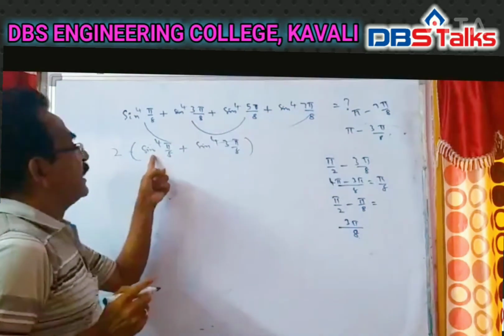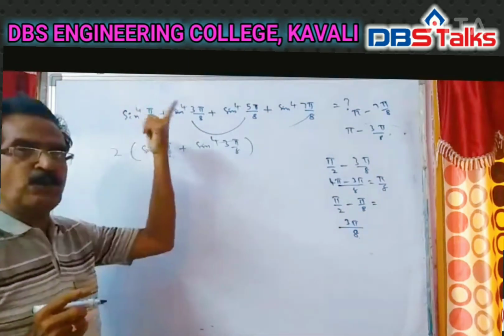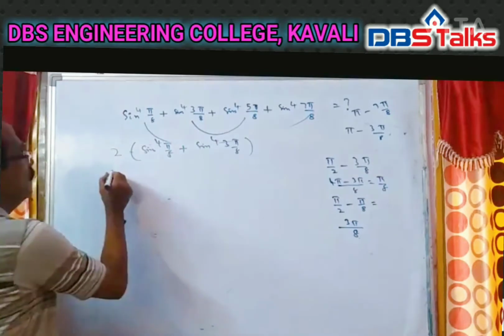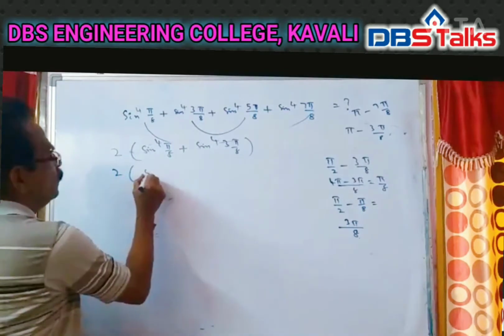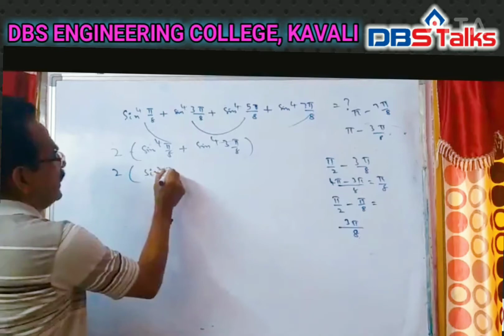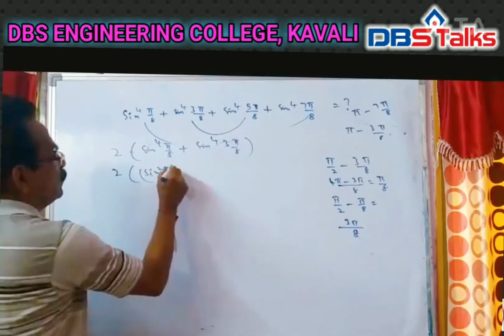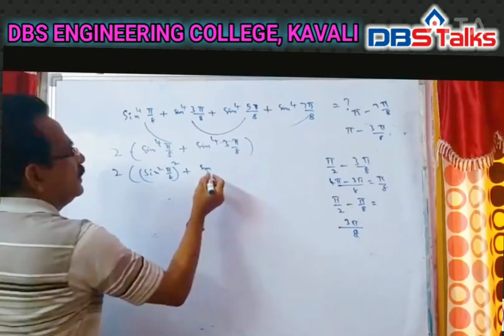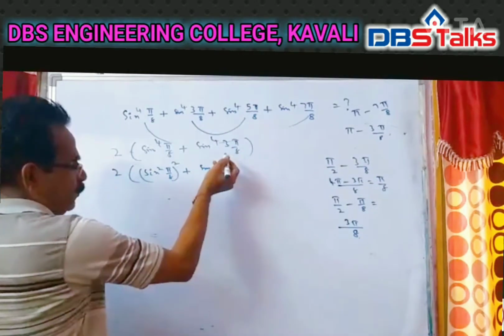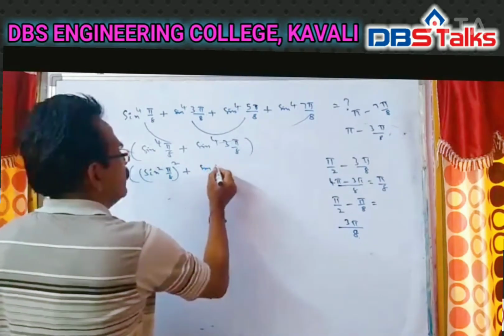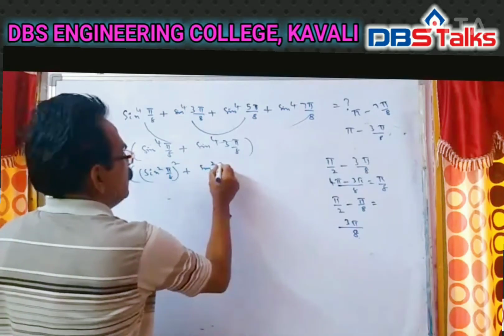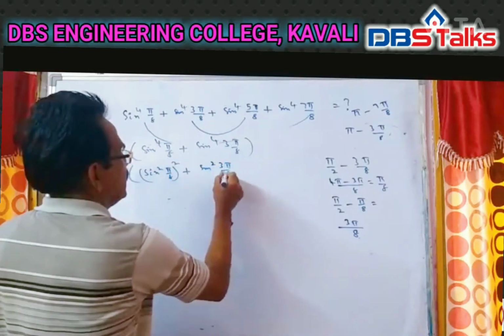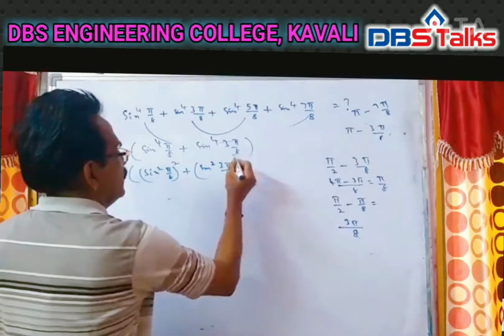Sin power 4 means sin square whole square. So 2 into sin square pi by 8 whole square plus sin square 3 pi by 8 whole square.